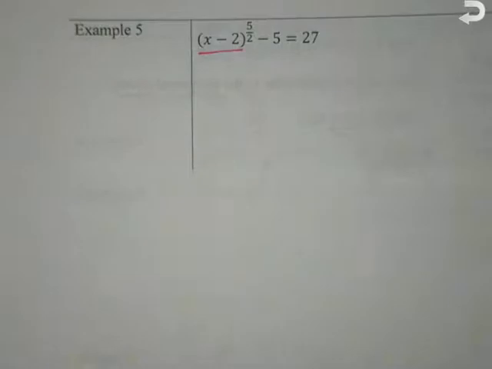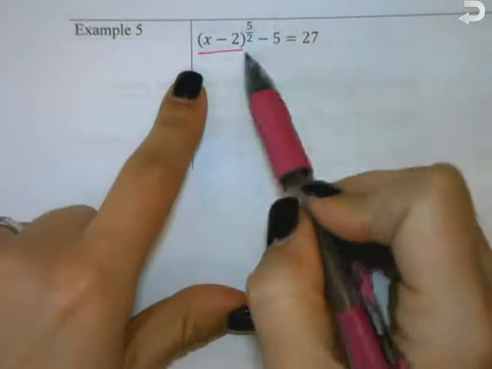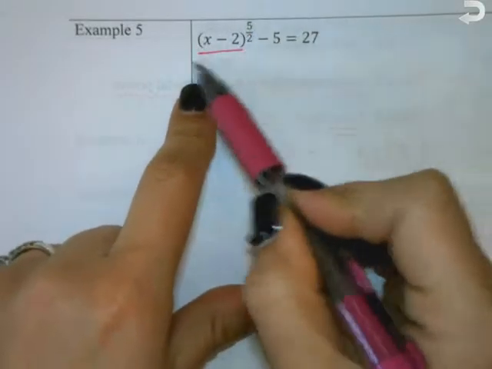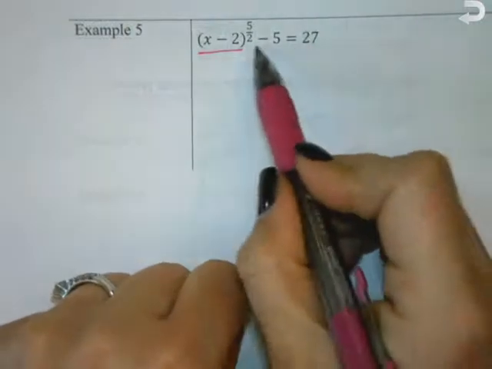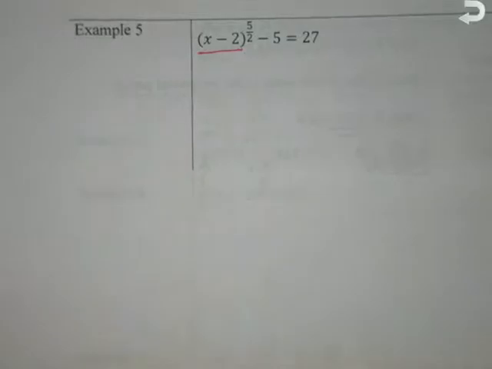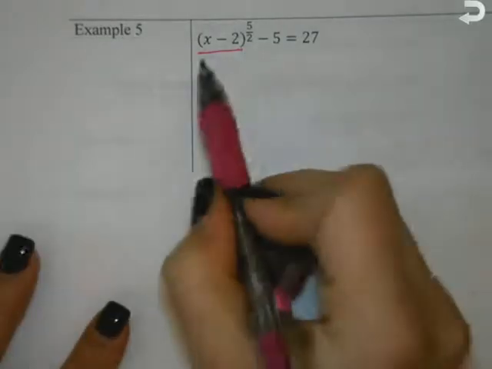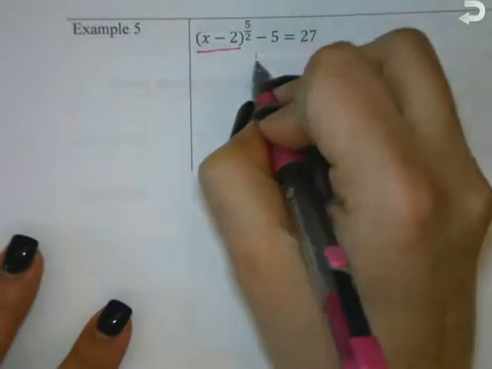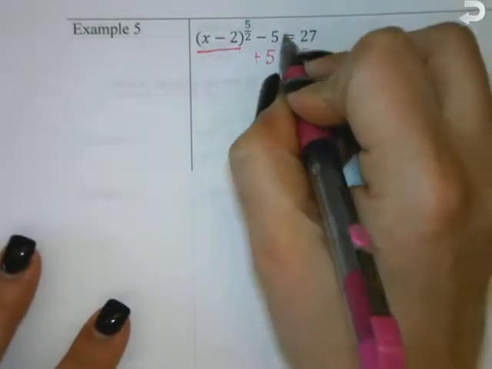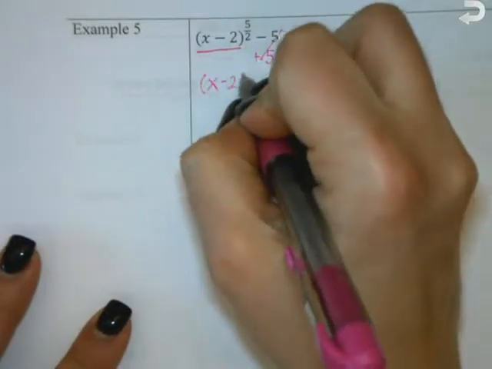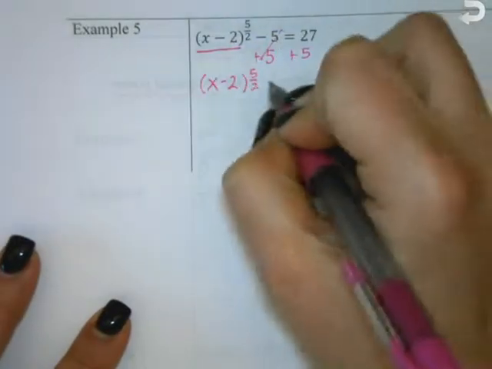Because it's an entire quantity to a power. So we're trying to get that whole thing by itself. The other thing is that we're subtracting 5 from the back of it. So first, to get that entire quantity by itself, we need to add 5 to both sides. So that's going to be (x minus 2) to the 5/2 equals 32.